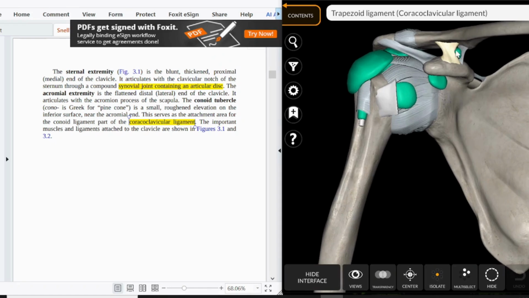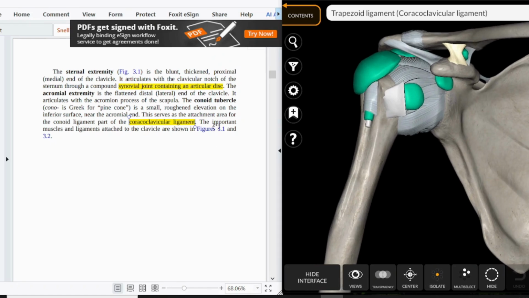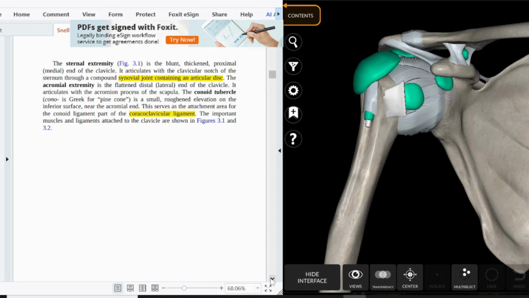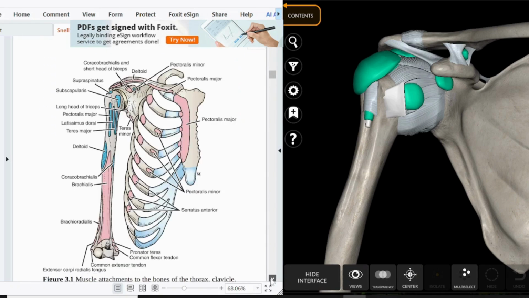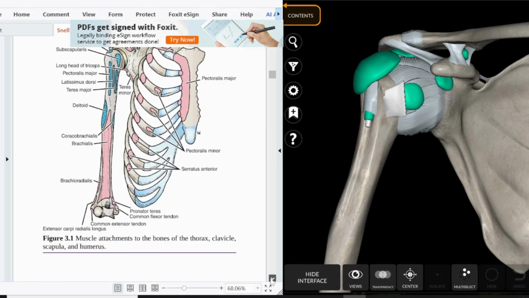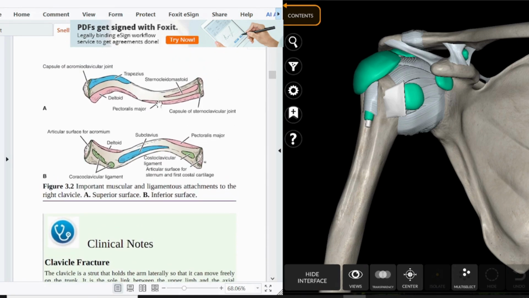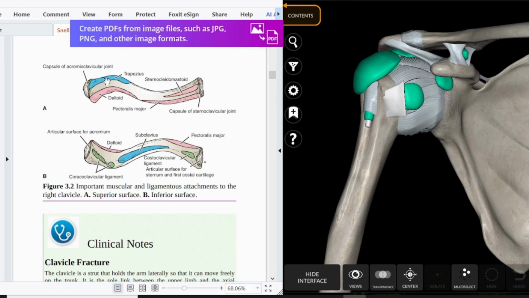Now let's move forward and see the diagram in the text. In this diagram, in pink you can see the origin of the muscles, while in blue you can see the insertions of the muscles.